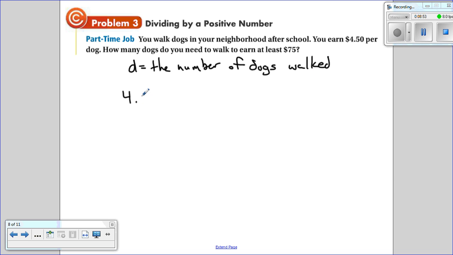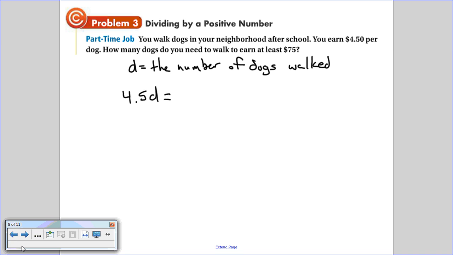So you get $4.50 for each dog. And we want it to be at least.